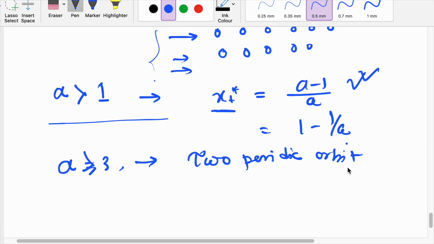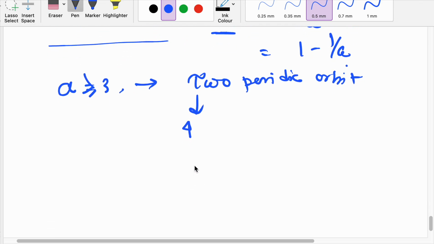When you increase further, the 2 periodic orbit will become unstable, and you will find a 4 periodic orbit. If we increase further, from 4 period you will find an 8 periodic orbit.